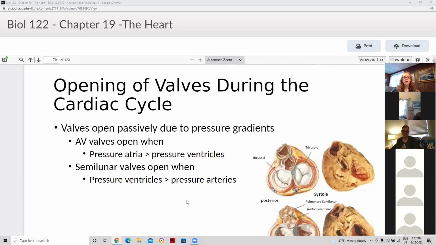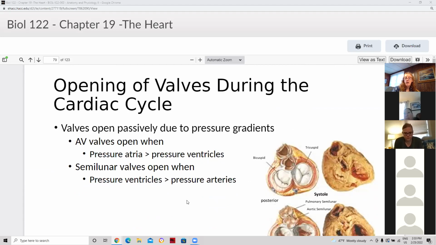Okay. So when the valves are opening during the cardiac cycle, they open passively because of the pressure gradients. The AV valves are going to open when the pressure in the atria exceeds that in the ventricles.